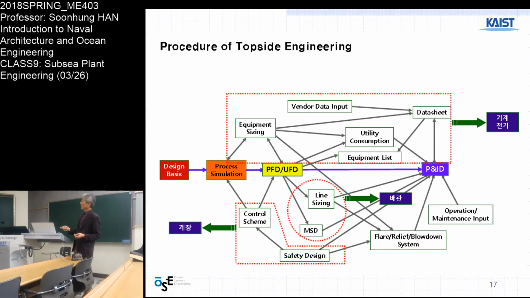And top side is ocean plant terminology. An ocean plant is simply a big barge, a floating platform, and on top of that big barge a chemical plant is installed. Altogether we call this an ocean plant.